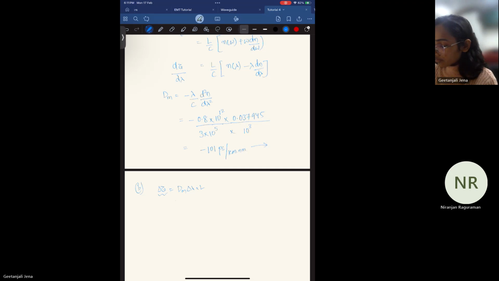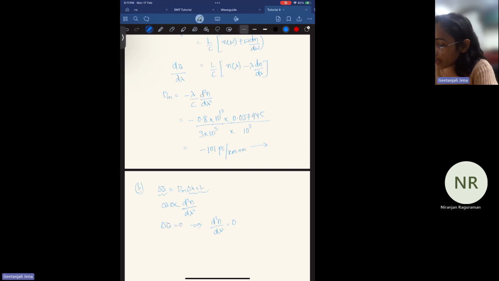And these are all constant. You can see this delta tau is directly proportional to d square n by d lambda square. So that means delta tau will be 0 when the second order derivative is 0.